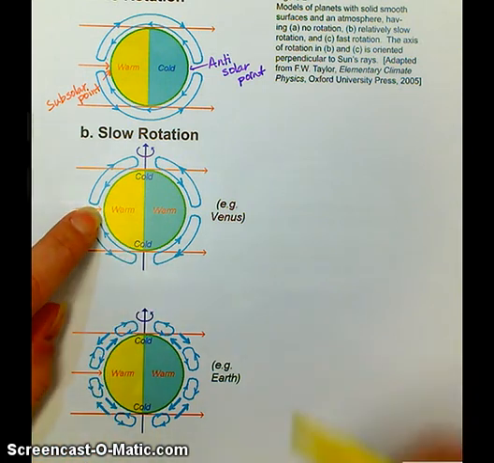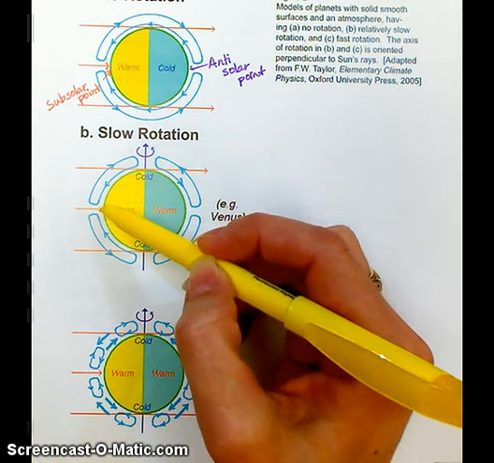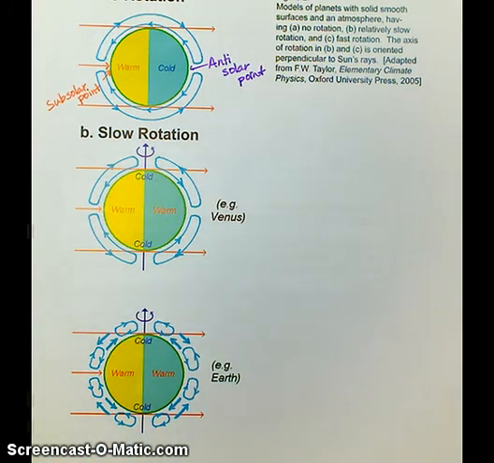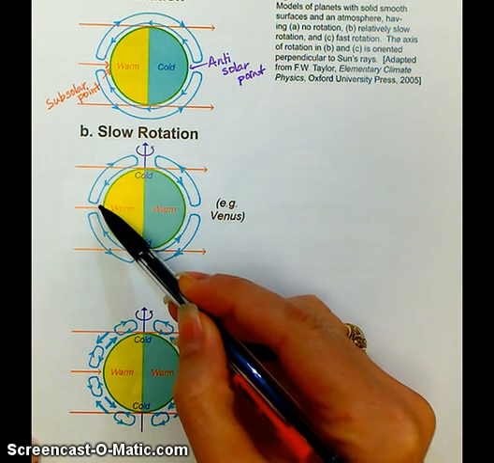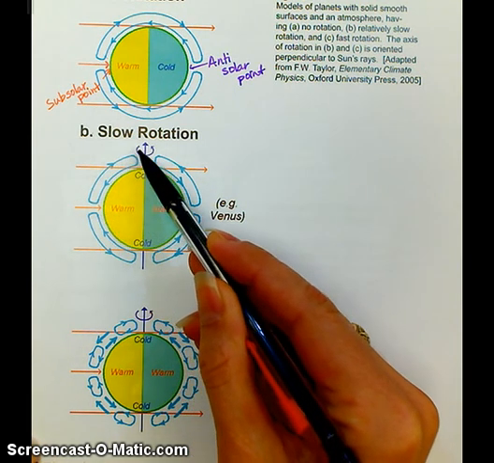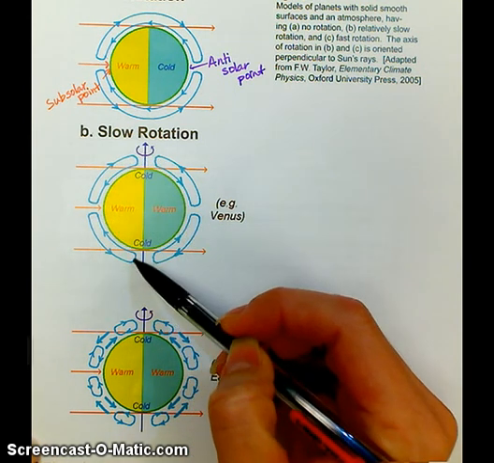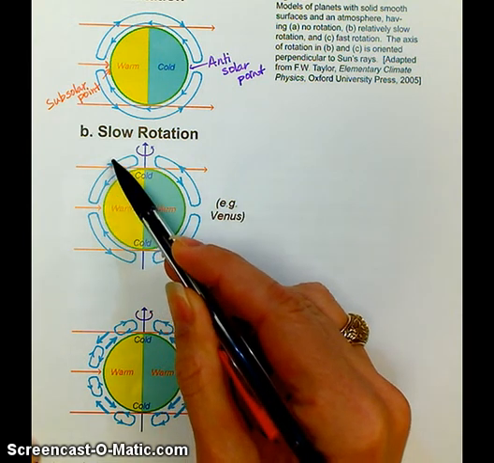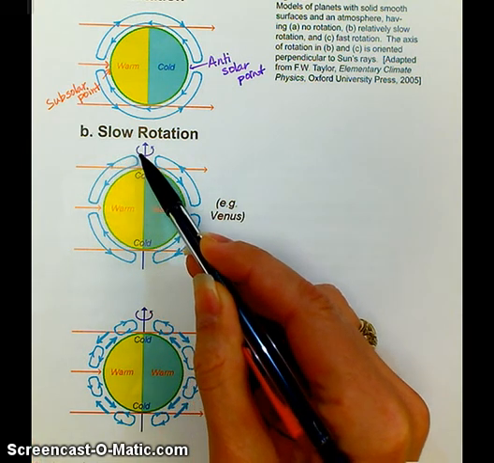Okay. This time, yes, you're still going to get warm air at the equator rising. So air is heated here, warm air is going to rise. It's going to move in the upper atmosphere towards the coldest spot on the planet, which again, in this case, is the poles. So the air in the upper atmosphere that's been warmed is going to travel towards the poles.